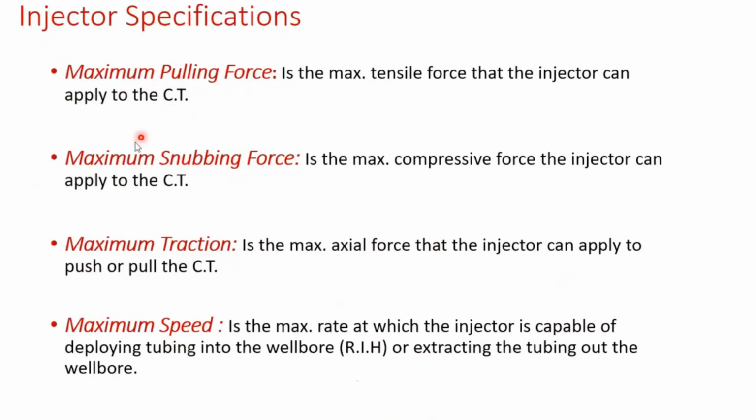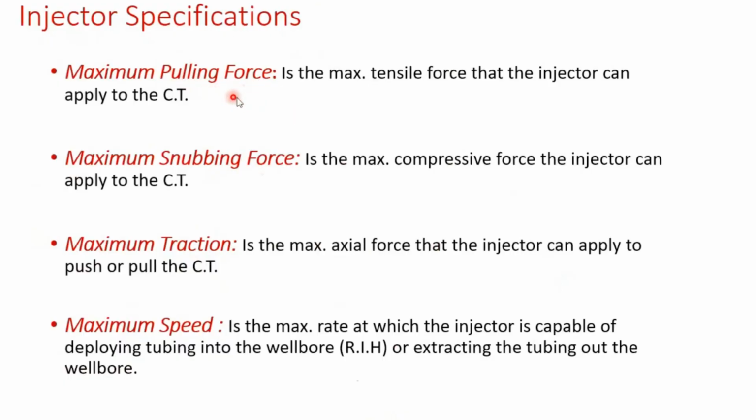These are the specifications to select my injector as required for the corresponding coiled tubing application. The maximum pulling force, by the way, gives the name of the injector itself. The number included in the name of the injector reflects the maximum pulling force.